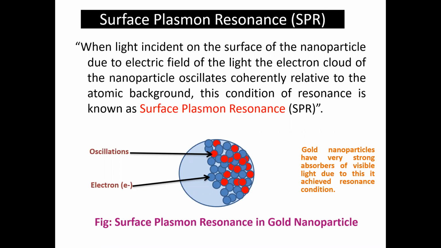You will realize that any material you take, for example, has some surface. Here the nanoparticle has this surface. Whatever electrons are present inside is the electron cloud. When light falls on it, the light carries an electric field. So due to this electric field, if it is incident on this electron cloud, it oscillates. That condition is called the SPR. If you study these conditions with gold nanoparticles, it is a very strong absorber of visible light, near about 50 nanometers.